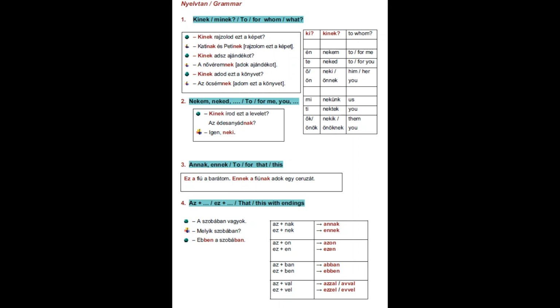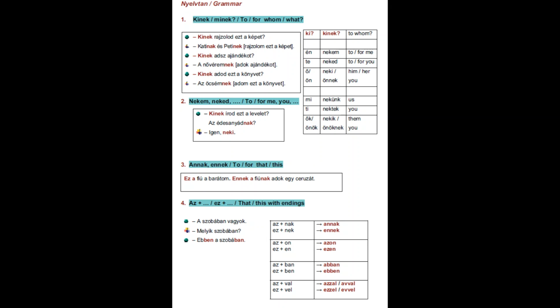Katinak, Katinak, and Petinek, right? That's the difference. So you'll keep noticing that and observe it, and then you just learn it, and after a while, it becomes second nature. All right?